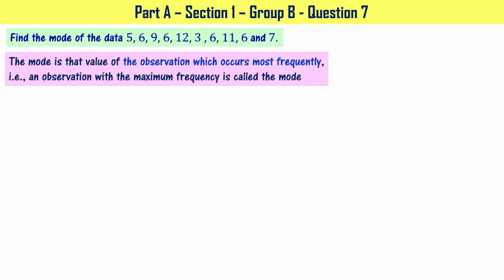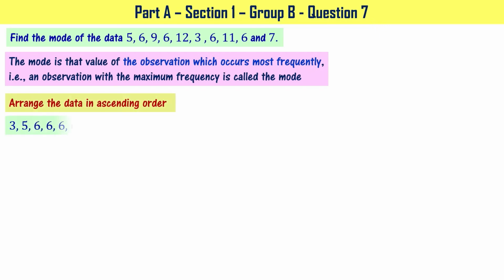Mode is defined as follows. The mode is the value of the observation which occurs most frequently. Please note this. It means the observation with maximum frequency is called the mode. So to get that picture clear, let's arrange the given data in ascending order.